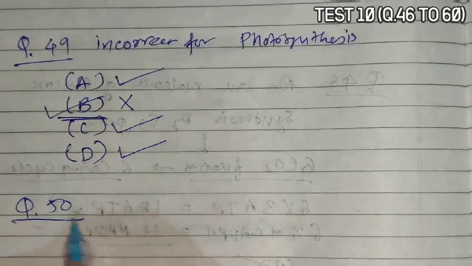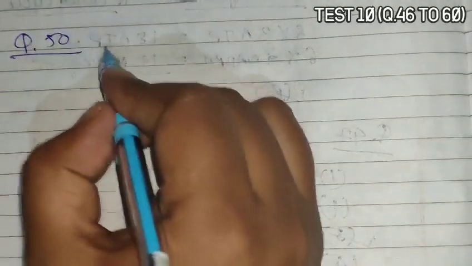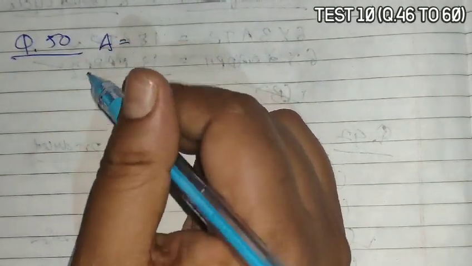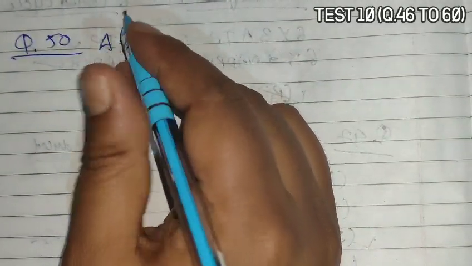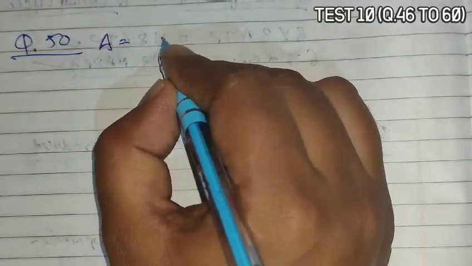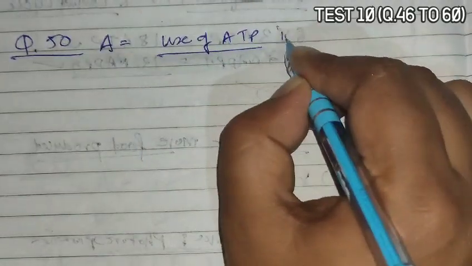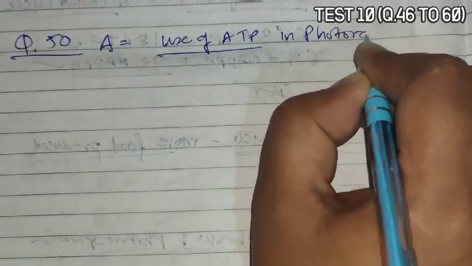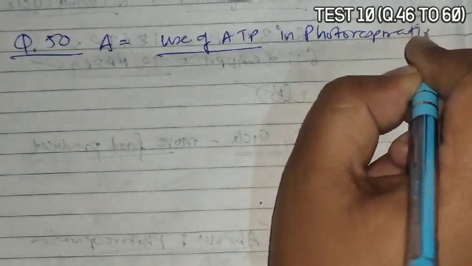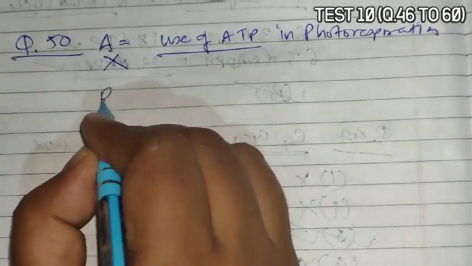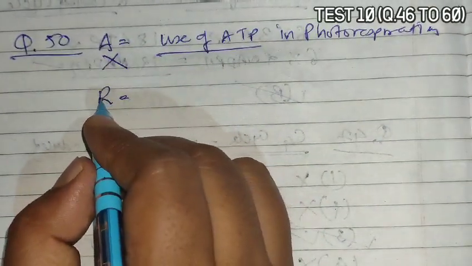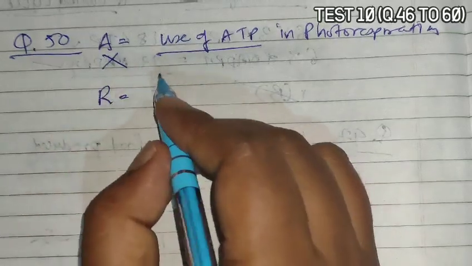Next is question 50. An assertion is given: in the photorespiratory pathway there is a synthesis of ATP and NADPH. Actually, there is a use of ATP in the case of photorespiration. So the given statement is incorrect. The reason is given as: in C4 plants photorespiration does not occur.